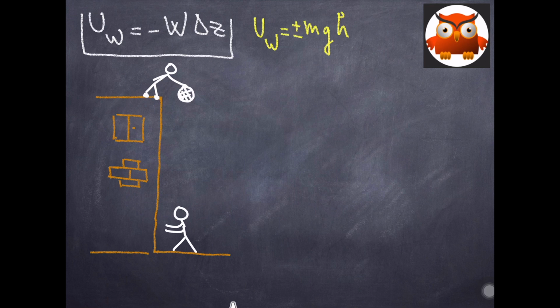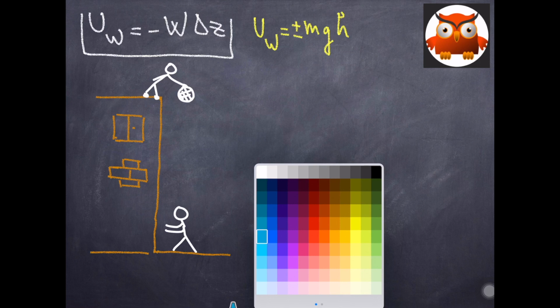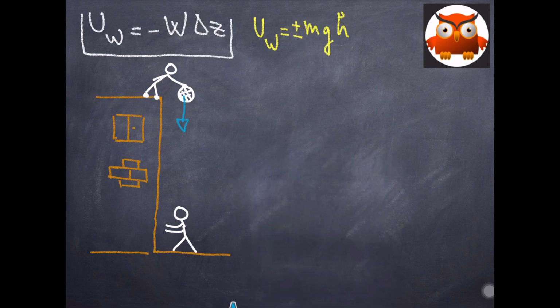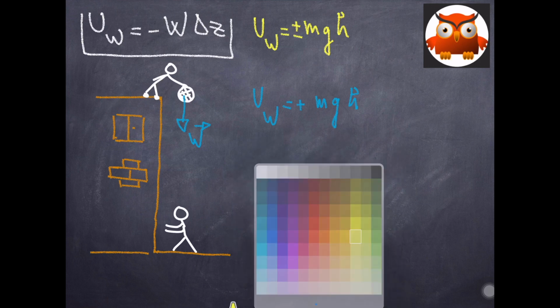The person on top won't throw the ball. He will just let the ball go down on its own weight. So we have the ball going down with the weight, right? In this case, the work done by the weight will be positive: the weight times the height.